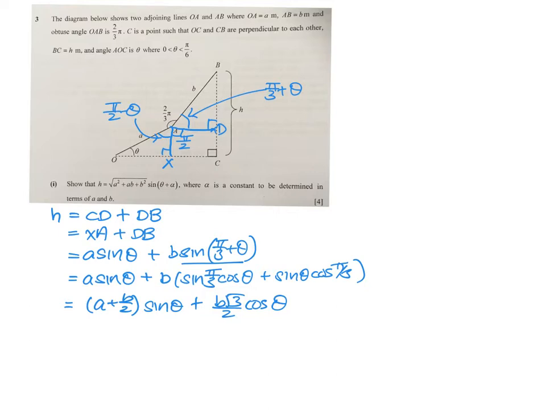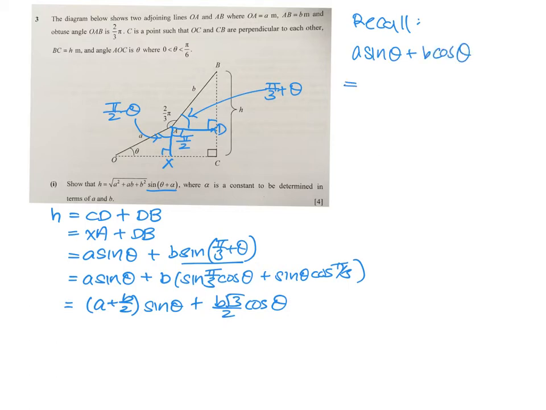To get to the expression that we wanted to show, you notice that in the shown expression there's only one trigo term, which involves sine. Hence, that reminds us of our formula. I need you to recall a sine theta plus b cosine theta.